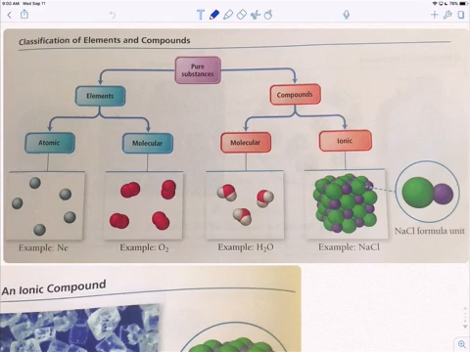I also should have included metallic; metallic would probably be atomic then. And compounds can either be molecular, where they share electrons, or ionic, where one element transfers electrons to the other. The difference we'll get into more, especially with the covalent molecules, in chapters 9, 10, 11.